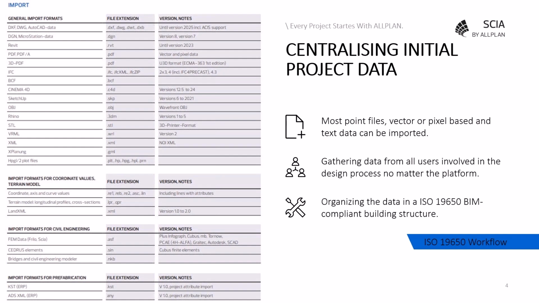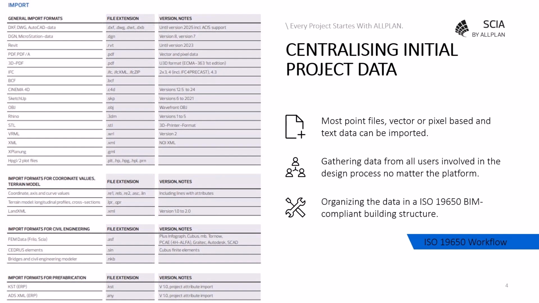You see here traditional 2D formats such as DWG, DXF, and also Revit files, IFC, 3D PDFs, SketchUp, Rhino, XML. So many formats can be imported in Allplan as BIM authoring tool and platform.